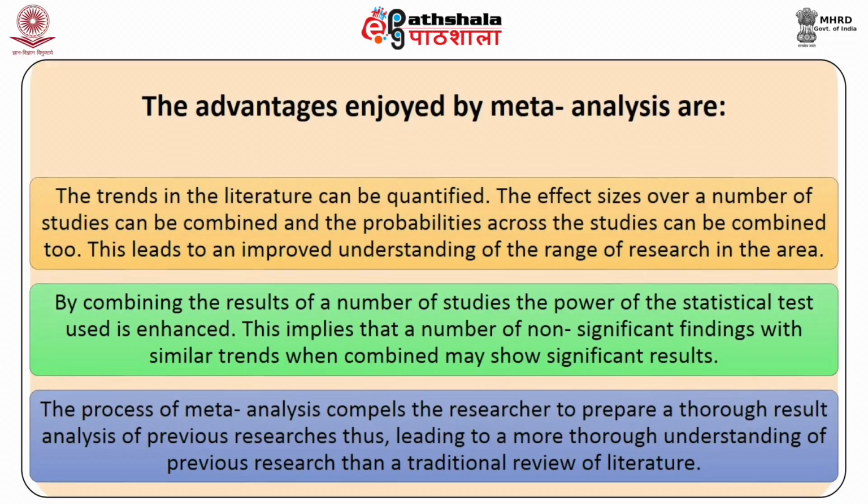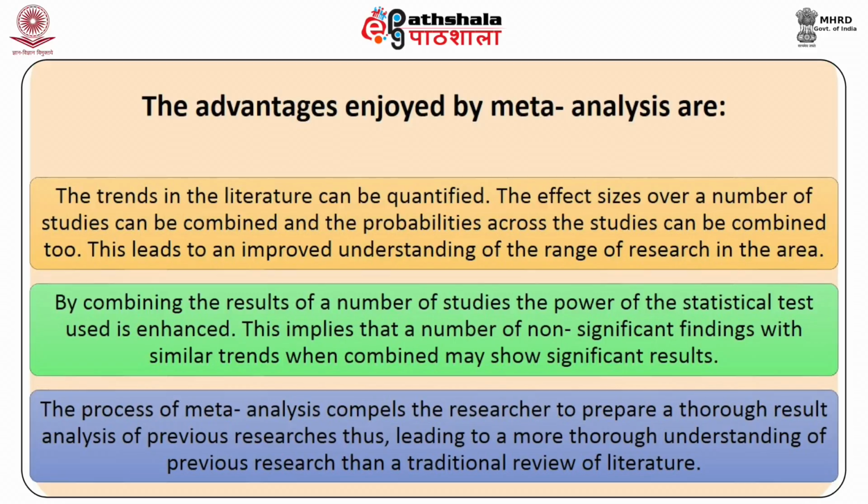By combining the results of a number of studies, the power of the statistical test used is enhanced. This implies that a number of non-significant findings with similar trends, when combined, may show significant results. The process of meta-analysis compels the researcher to prepare a thorough result analysis of previous researches, thus leading to a more thorough understanding of previous research than a traditional review of literature.